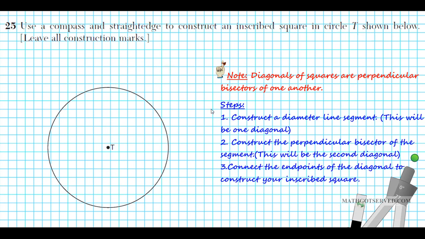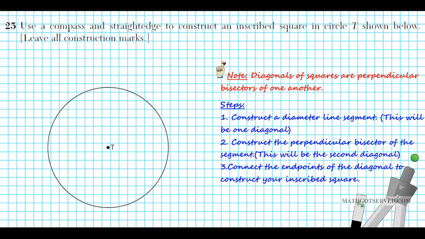Now, one thing you want to note is that the diagonals of squares are perpendicular bisectors of each other, okay? And if you do not know what an inscribed square is, let me give you a sketch just to give you a visual.